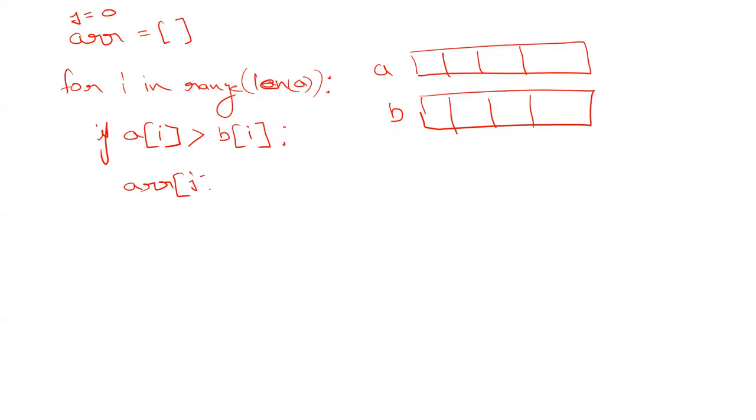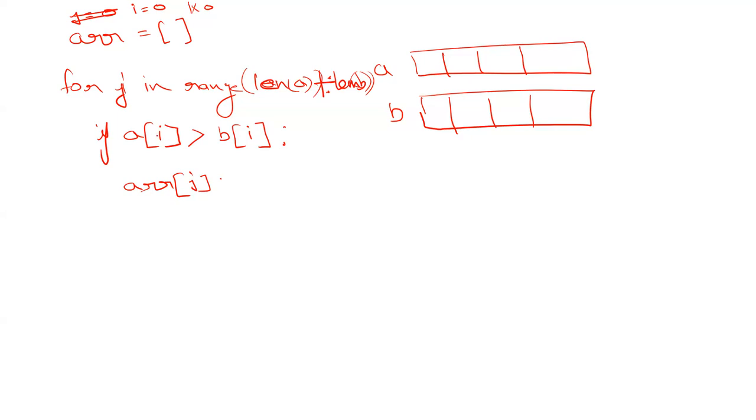Array of j will be, sorry, I wrote it wrong. Basically, plus len of b. And we are going to take j over here. A of I and I is equal to 0, k is equal to 0. Let's take something like this.